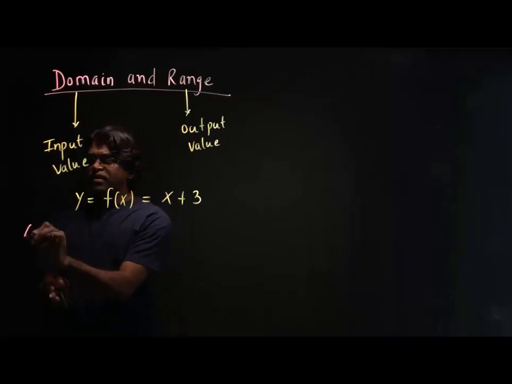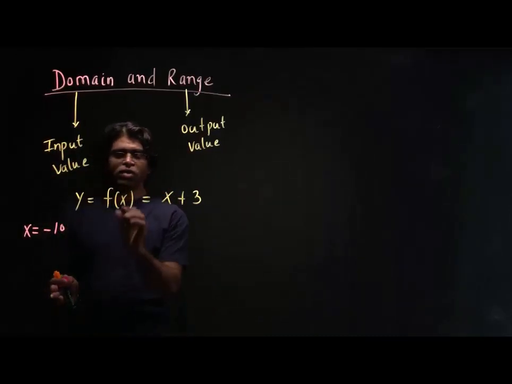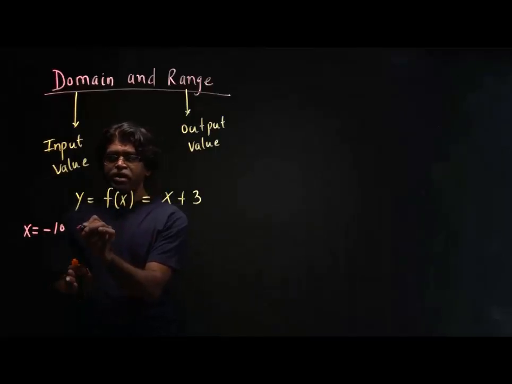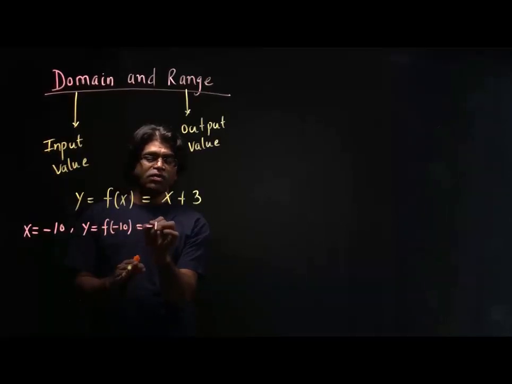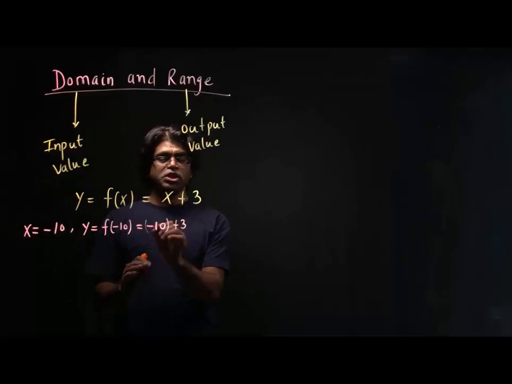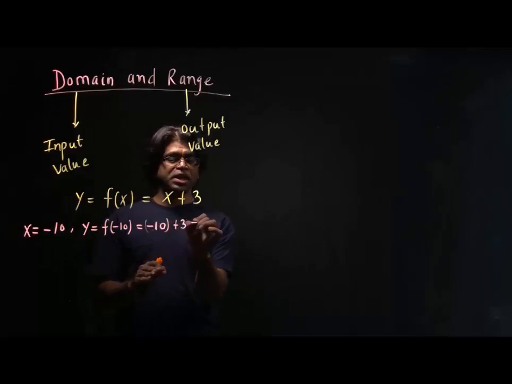So if I consider x is equal to, suppose, -10, what will be the value of y? Then y equals f of -10. So let's substitute the value of x as -10. So I have -10 plus 3, which is -7.